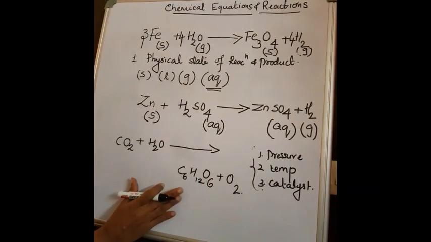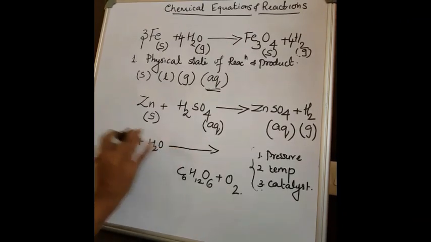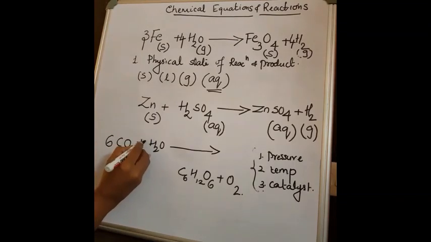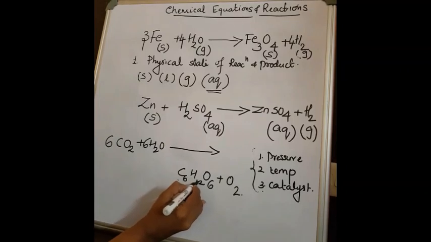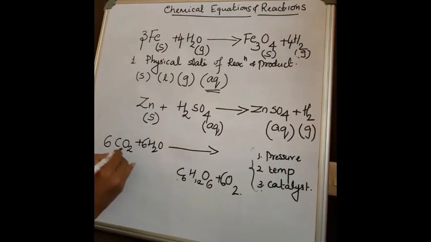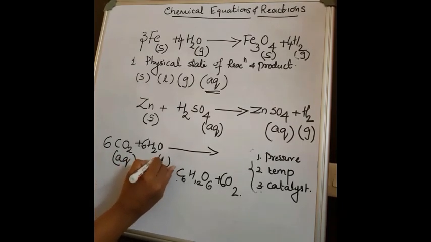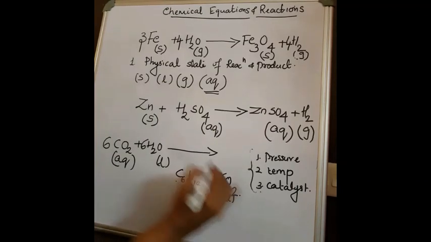Okay. Now, in order to have this reaction happening, you have to have a catalyst. So, before that you will balance it. So, 6CO2 plus 6H2O giving C6H12O6 plus 6O2. And we will have the physical state also, that is this is aqueous, this is liquid, this is again aqueous, this is liquid. Okay.